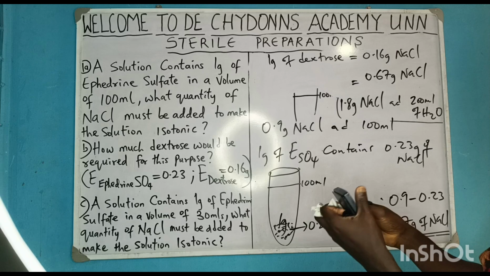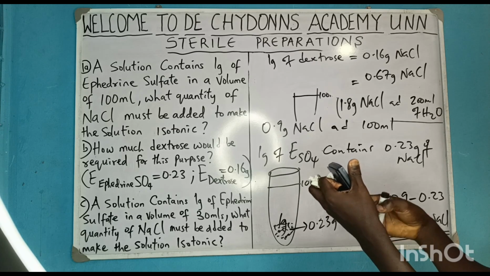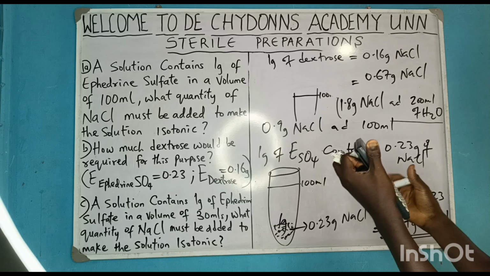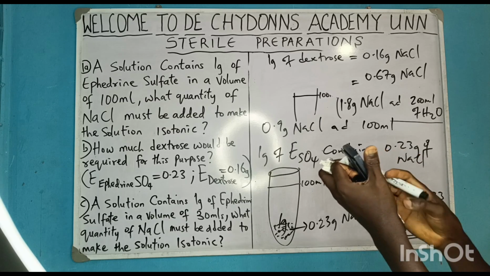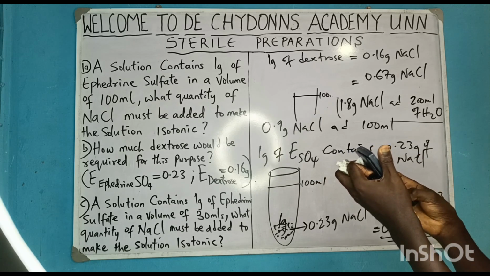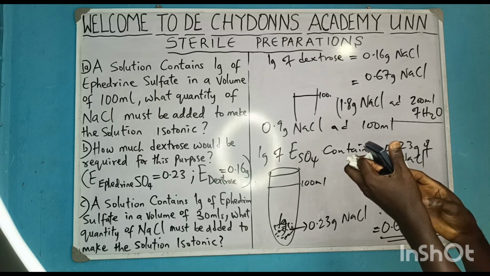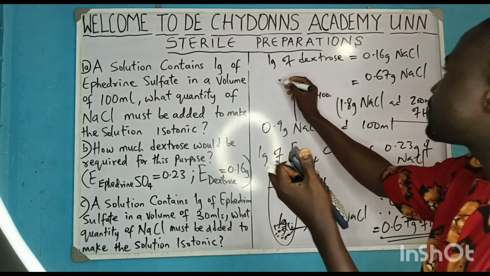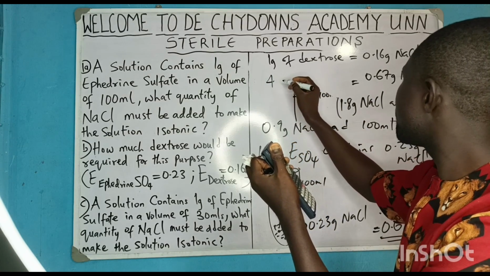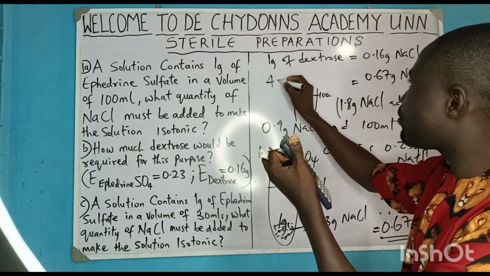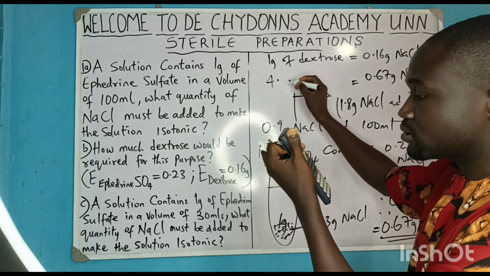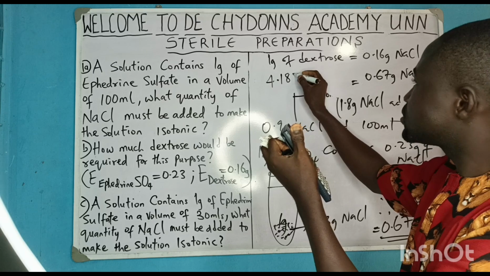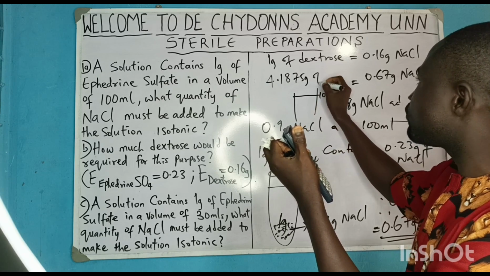0.67 gram of sodium chloride will give you how much quantity of dextrose? I will now use my calculator. I will say 0.67 divided by 0.16, and that will be giving us 4.1875 gram of what?